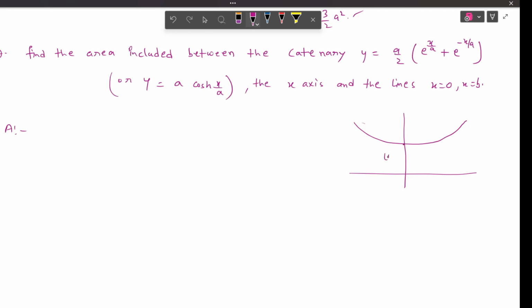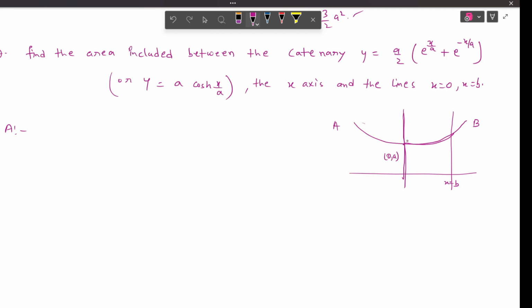Let's say this is 0, a point. This is your catenary, and we need x-axis, x equals to 0. X equals to 0 means y-axis, and x equals to b line. So this is your x equals to b line, and this catenary.